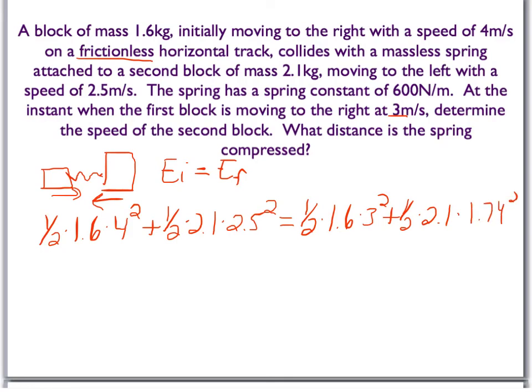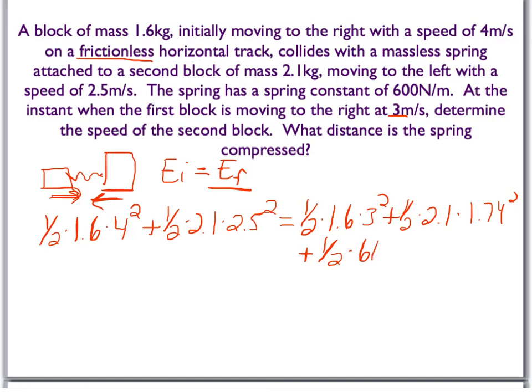But there's one other term that belongs on this other side of the equation. For the final energies, it's not just the kinetic energy of each block moving, but where else has energy gone? In this case, energy has gone into the compression of the spring. So on this right-hand side of the equation, we actually need to tack on a third energy term. It should be a 1/2 kx squared.